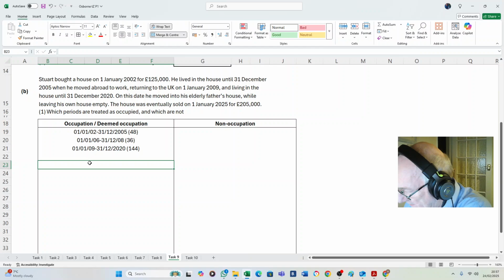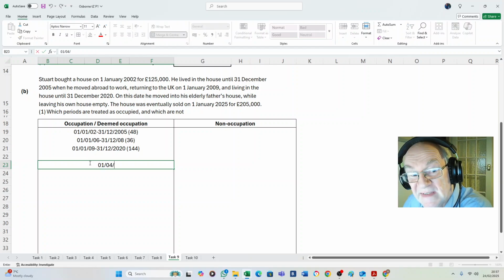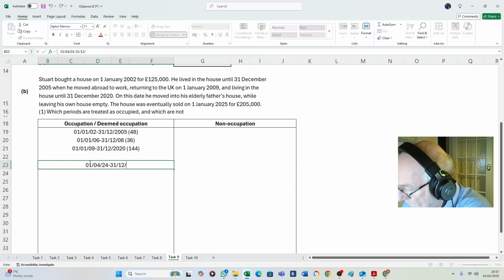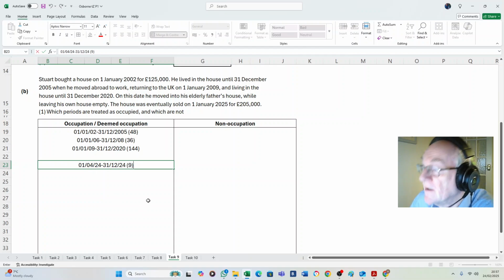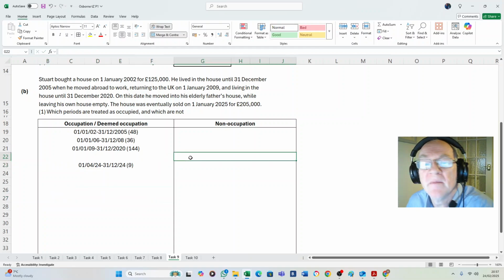So we need the 01, 04, 24 to, and that's the last 9 months rule, and it's this middle bit that's non-occupied. Although had he moved back in, we could have claimed another 36 months.